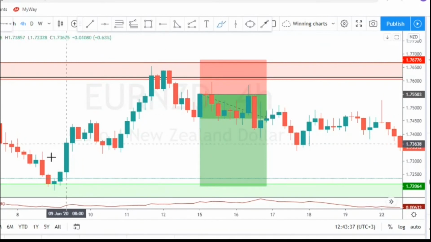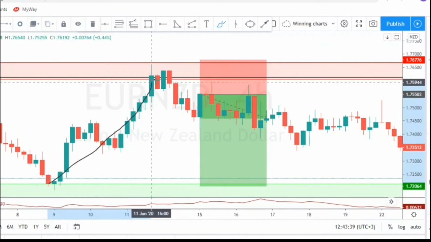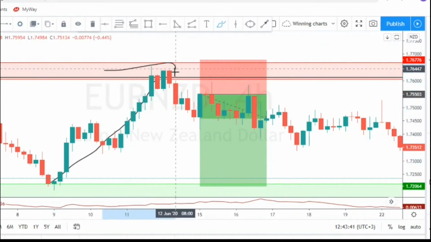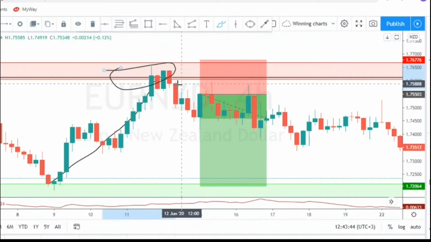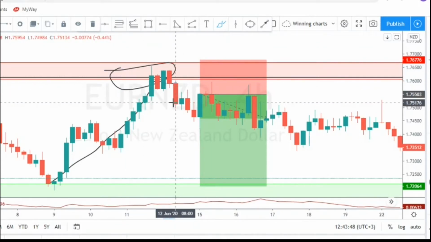The market came up to this key level of structure here, then put this red candle, then followed by another red candle that has a bigger body than the previous red candle. This shows gain momentum to the downside.